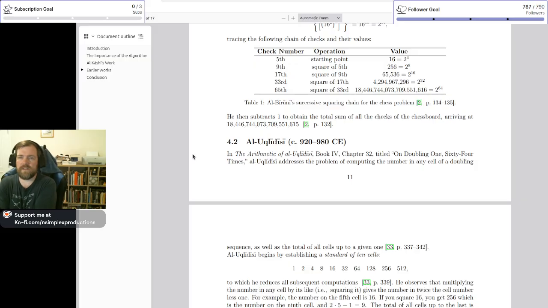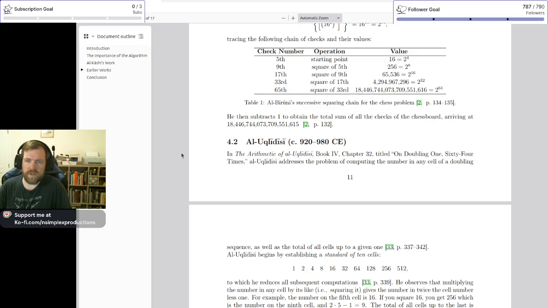The 33rd check is the square of the 17th, which gets us 4,294,967,296. And the 65th check, therefore, is the square of the 33rd, and that gets us 18 quintillion, 446 quadrillion, 744 trillion, 73 billion, 709,551,616.